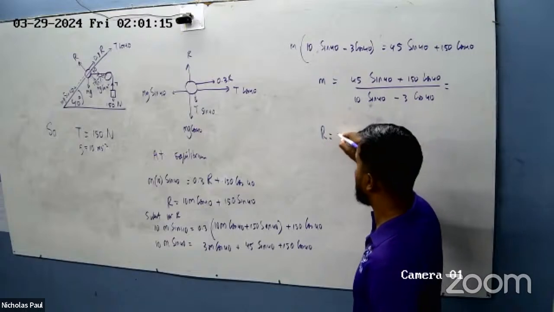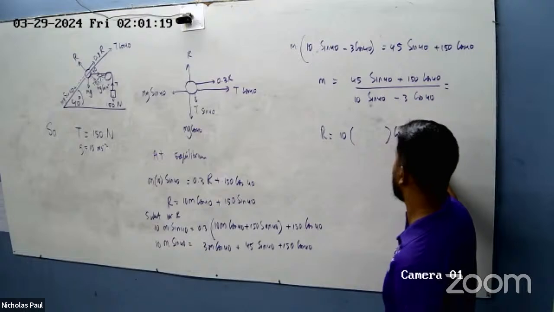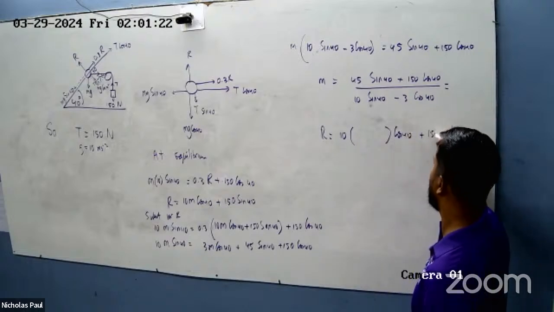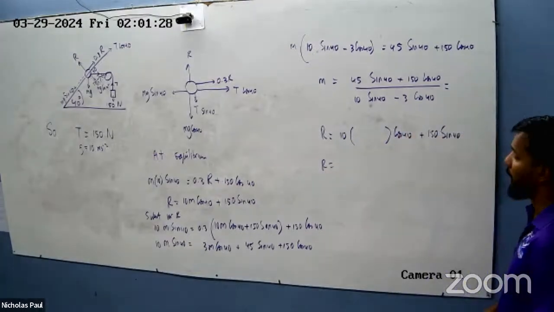When you're done, just solve for R. Right? I just do it like this, so no rounding off, right?